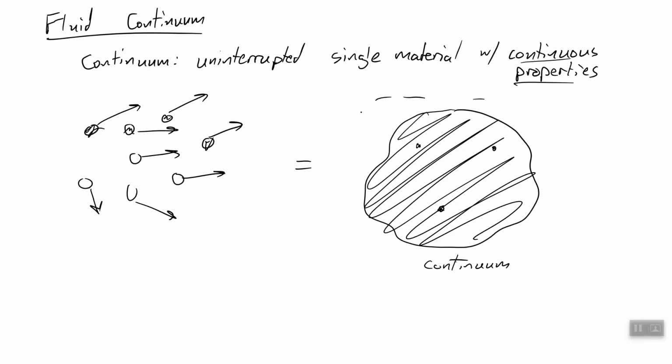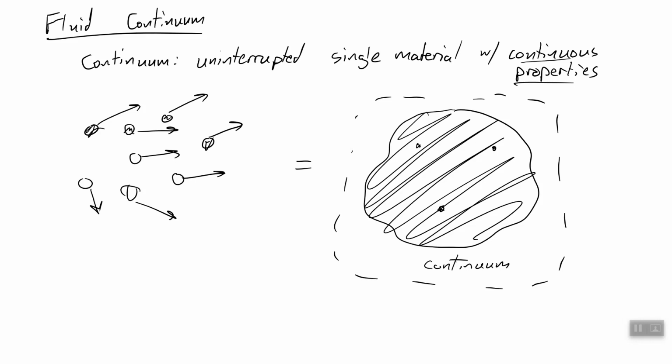Okay, now this works if you have a large enough chunk of fluid. But if you only have, well, how many is this? 1, 2, 3, 4, 5, 6, 7, 8. If you only have 8 molecules of a fluid, it's not going to act like a fluid. You got to consider each one individually.